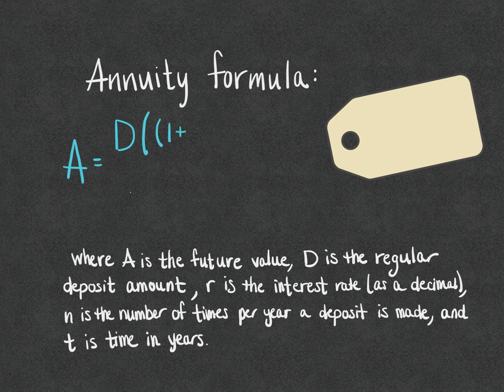So parenthesis, 1 plus interest rate over n raised to the nt power, and then subtract 1, end your parentheses, over r over n. And it's not going to hurt to put an extra set of parentheses around the denominator, especially if the calculator you're using does not have the ability to type the problem exactly like it looks when I just wrote it out.